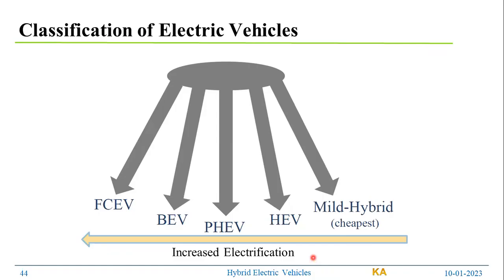From micro to mild, mild to hybrid electric vehicle, hybrid to plug-in hybrid, plug-in to battery electric vehicle, then FCV. Electrification means an increase in battery size and propulsion capacity, and that's what this picture shows.